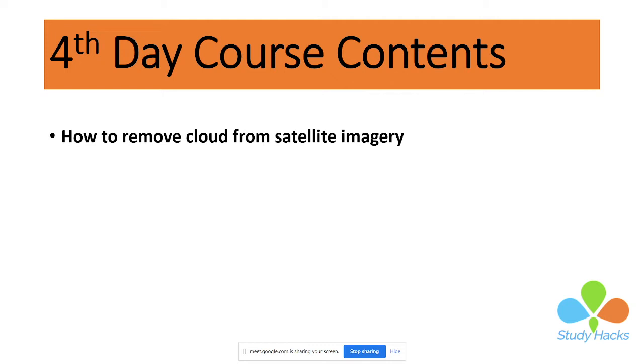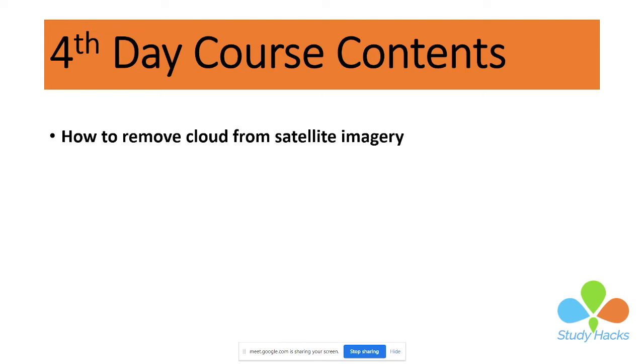So when you want to make the land cover classification map, you must remove the cloud from your satellite images. Then you can get clear satellite images and easily get the land cover classification map using these images.